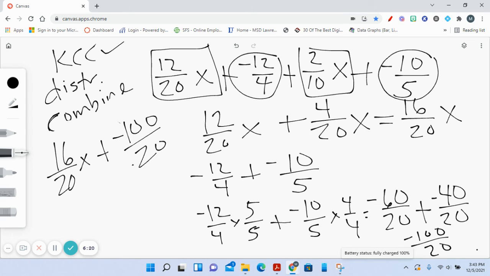So what goes into both 16 and 20? I can divide both of those by 4. So 16 divided by 4 and 20 divided by 4. So we get 4/5 x. And then 100 divided by 20. 20 goes into 100 5 times. So we would get 4/5 x plus a negative 5. So I would take either of those answers.